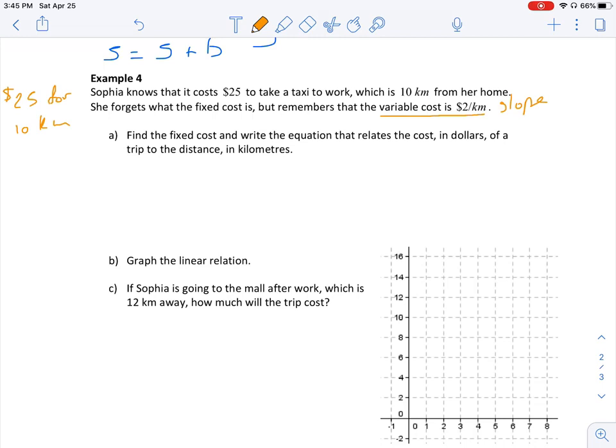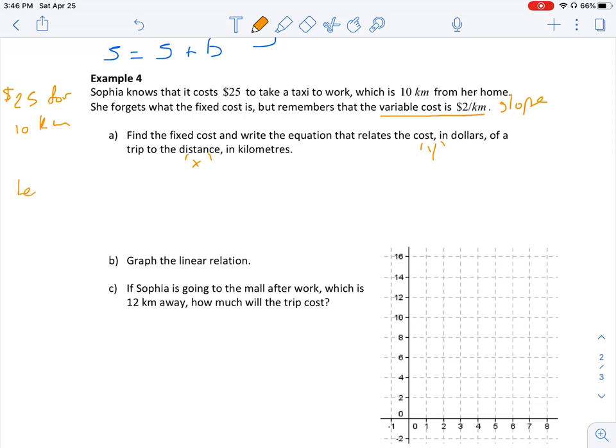Find the fixed cost and write the equation as it relates the cost in dollars of a trip to the distance in kilometers. Well, the cost is going to depend on how far you travel. So the cost is actually the y coordinate, or the dependent variable, and the distance is the independent, or our x variable.